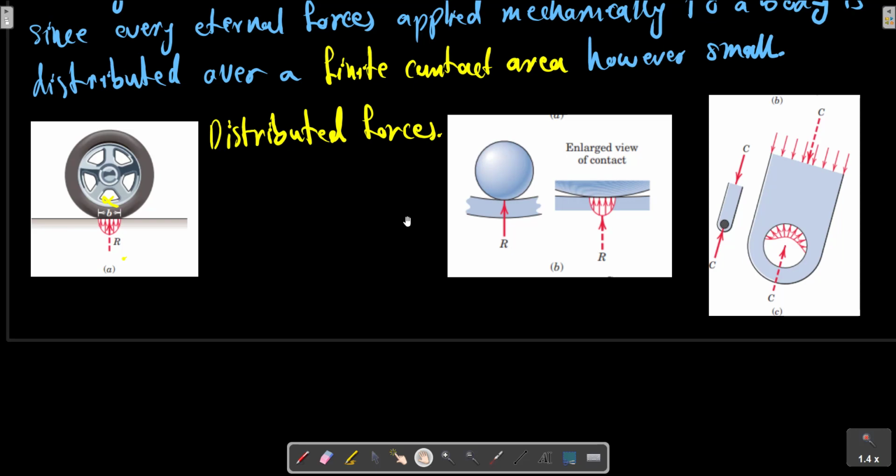This problem will not be discussed here because it requires a knowledge of the properties of the material and belongs in more advanced treatment of the mechanics of materials and the theories of elasticity and plasticity.